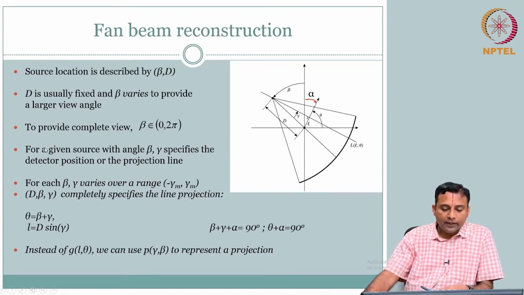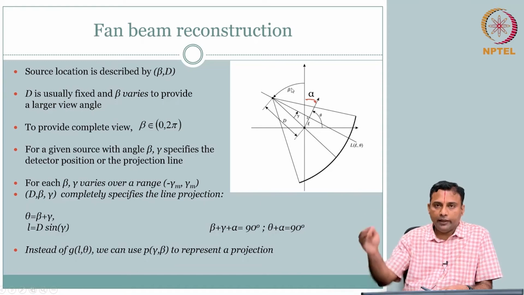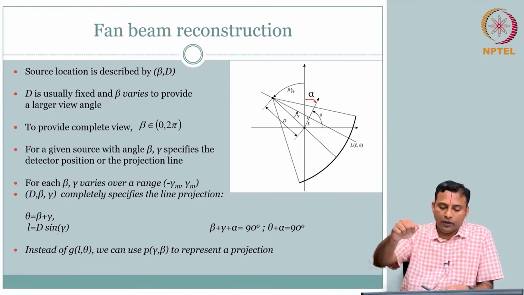So essentially what we are saying here is, if you are given a beta, if the source location is decided, the view angle is determined, then within that view angle each of the lines is determined by your gamma. So gamma specifies the detector position or the projection line. So every time you take data, your beta, your view angle, could be different.